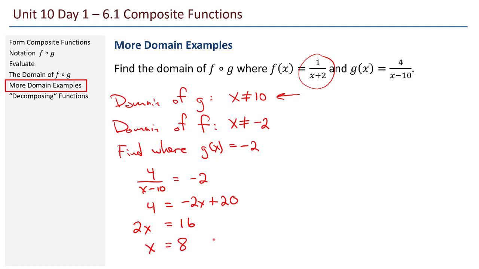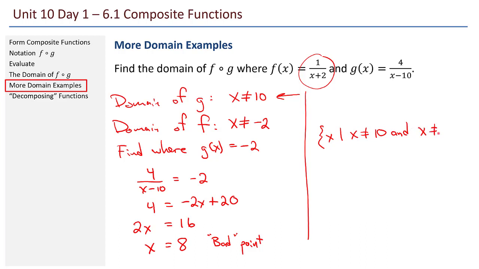So this is a bad x value, because if I were to plug in 8 into my g function, that would make negative 2, which can't work for f. So my solution then, what is the domain of f of g? It's the set of all x such that x does not equal 10 and x does not equal 8.